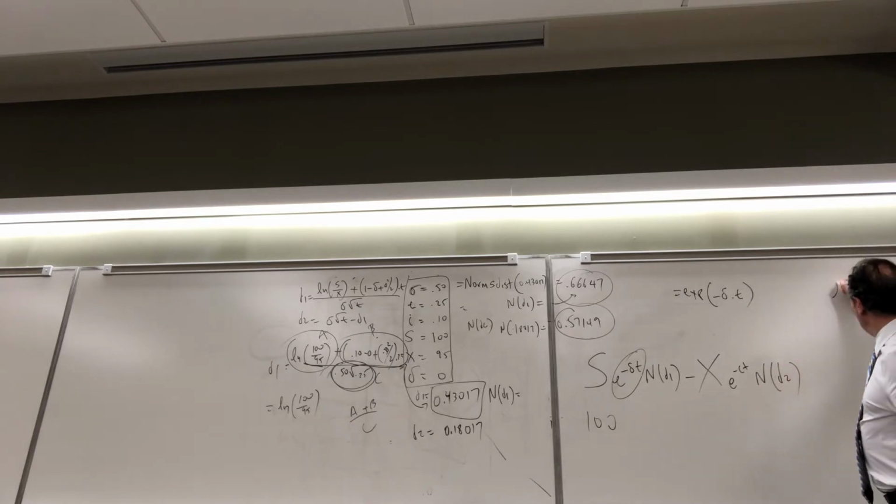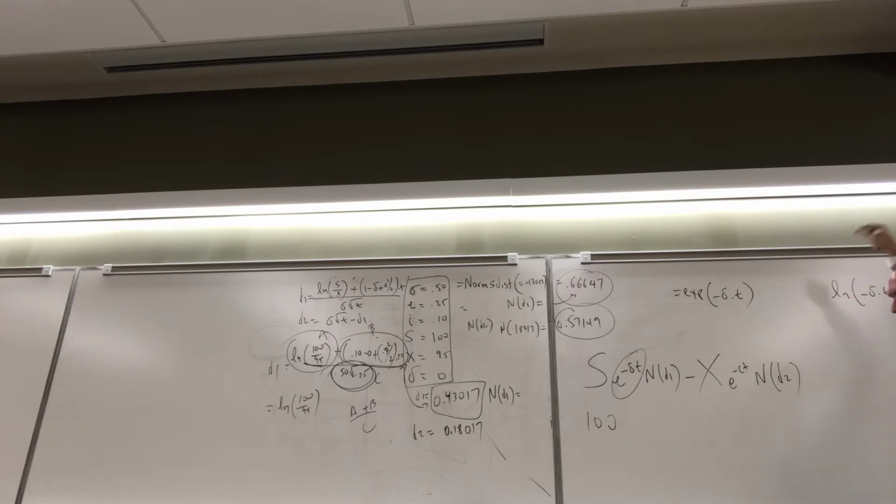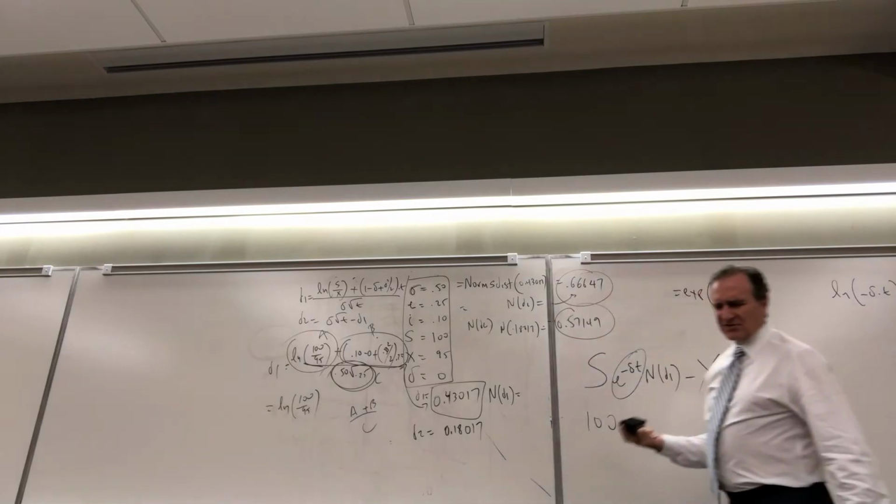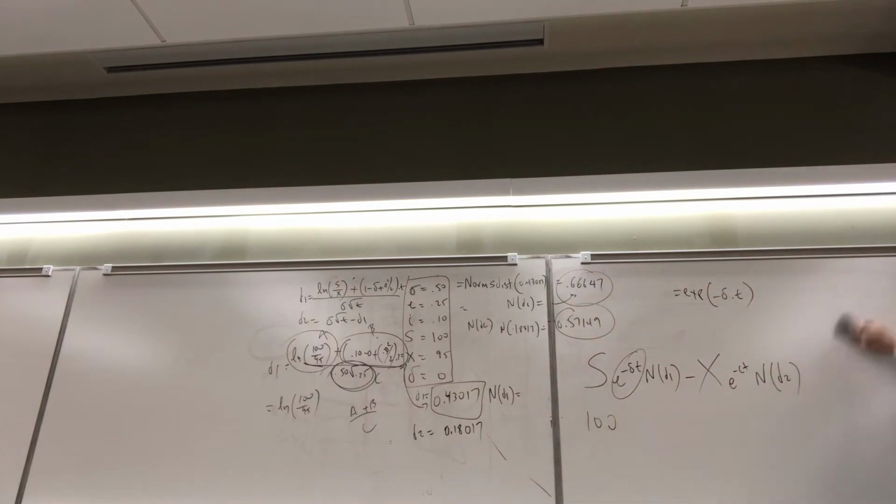You know that if you do ln, that's the e to the power of delta t. But it's a natural logarithm. It's a reverse natural logarithm, but don't worry about that part.